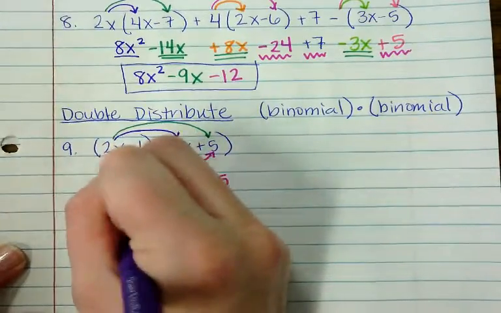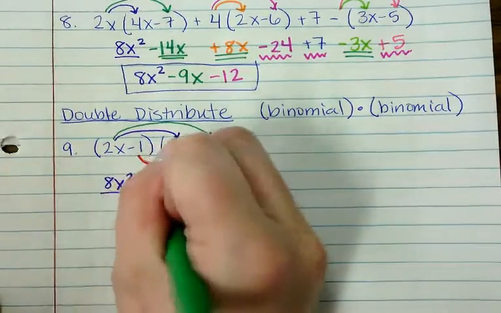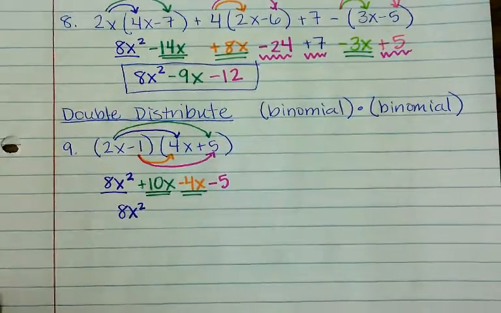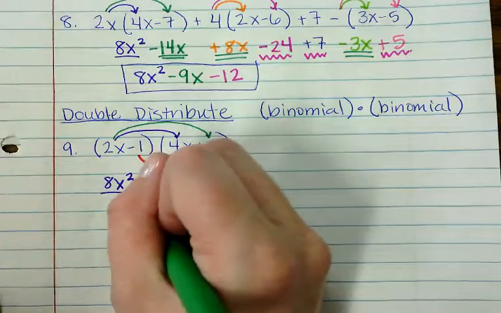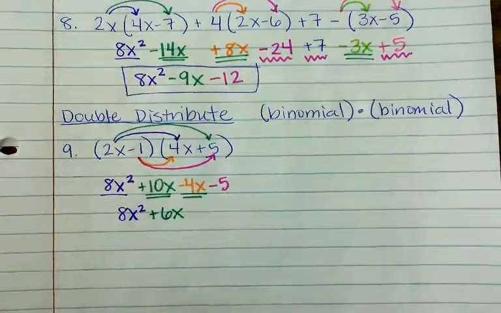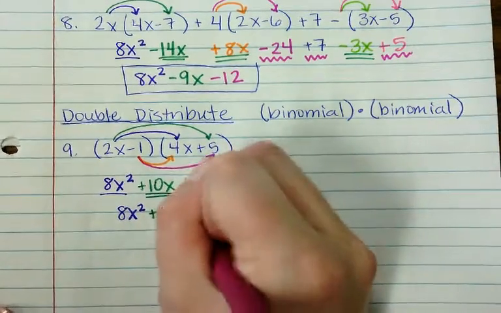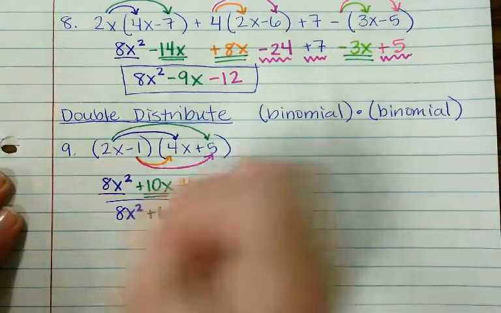But we do have 10x and negative 4x. Do y'all see that? So what's 10x minus 4x? 6x. And last but certainly not least, my negative 5. So our final answer for this problem would be 8x squared plus 6x minus 5.